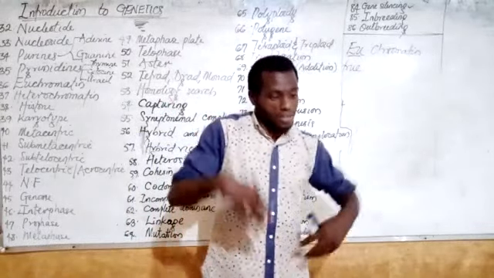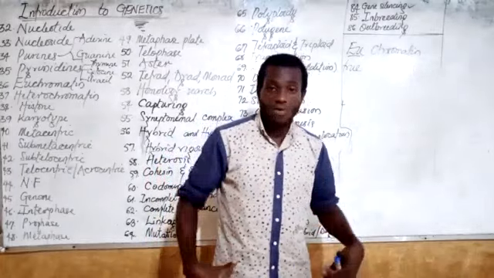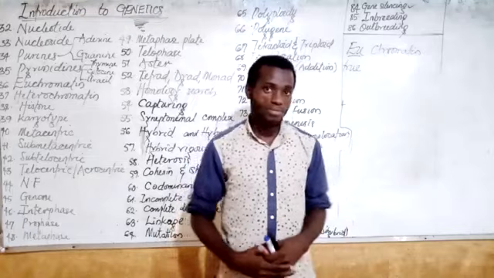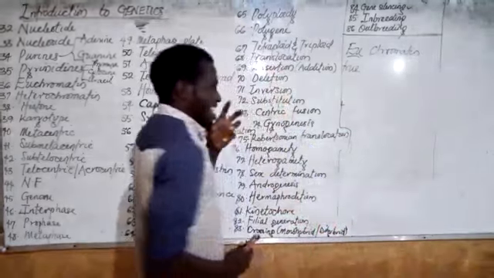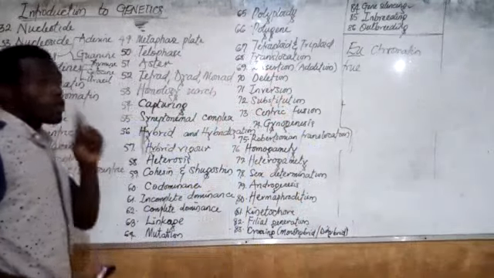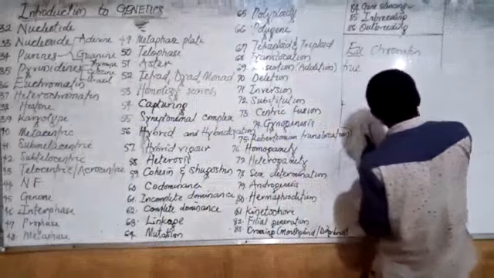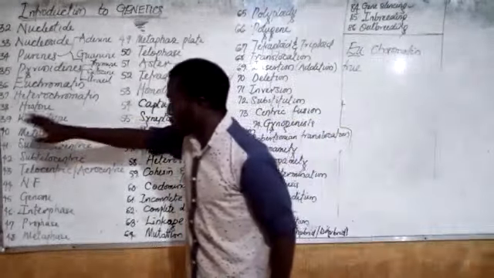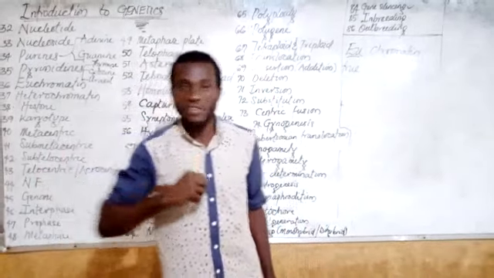Imagine the amount of code that is working for me now, that resulted in this whole body. So it has to be wound up so that it can be squeezed into that small structure, which is the nucleus. So the histone proteins are the ones that actually perform that function.